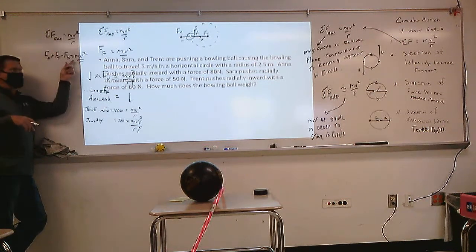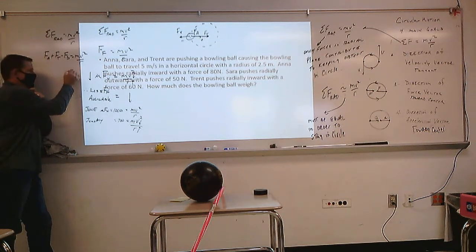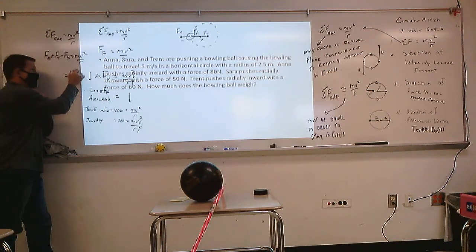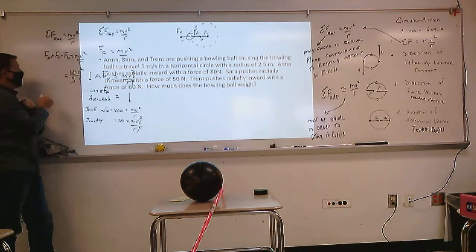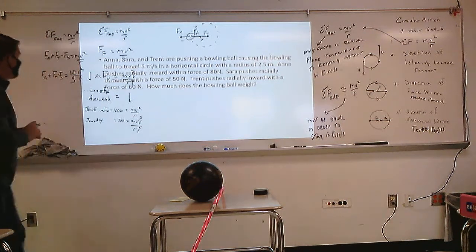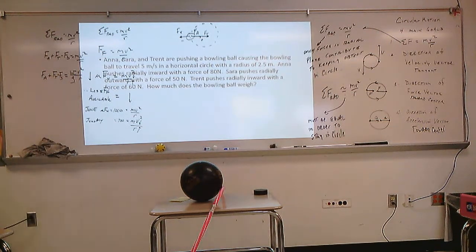If weight is equal to m times g, then what's m equal to? W divided by g, times v squared divided by r. I haven't done anything to the other side. F_A plus F_T minus F_S is equal to W over g times v squared over r.